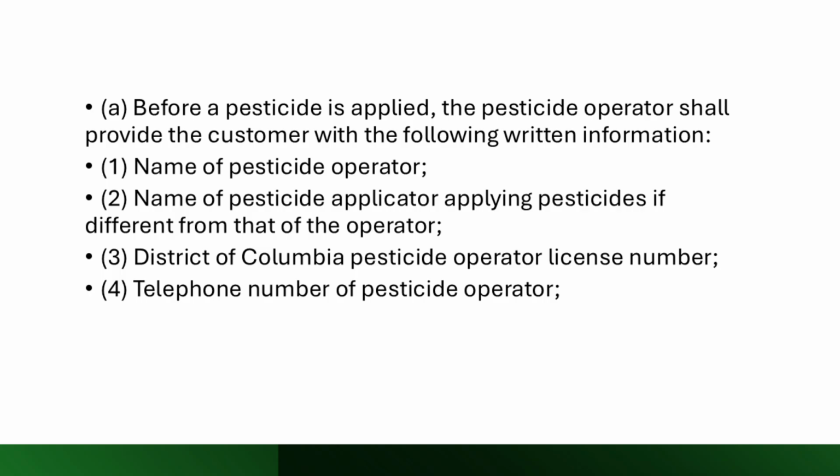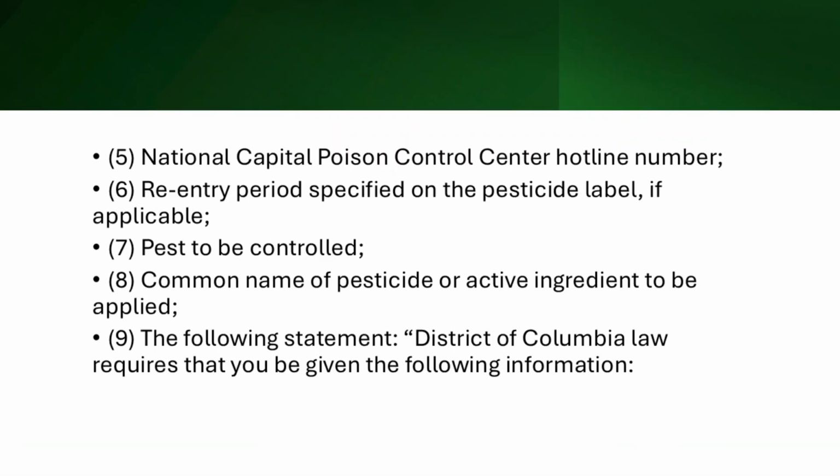District of Columbia pesticide operator license number. 4. Telephone number of pesticide operator. 5. National Capital Poison Control Center hotline number. 6. Reentry period specified on the pesticide label, if applicable. 7. Pest to be controlled. 8. Common name of pesticide or active ingredient to be applied.